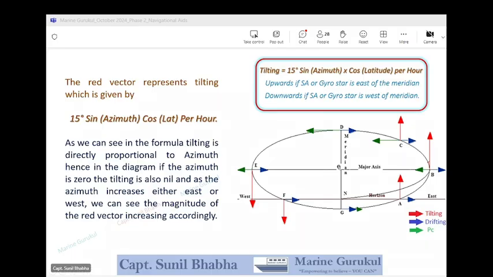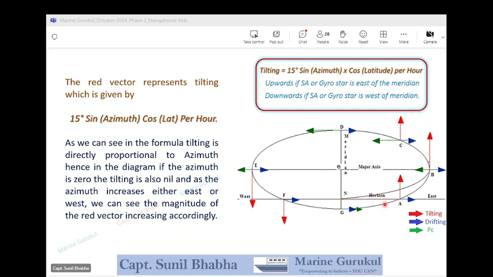Now, another important thing with the tilting: we are aware that the tilting is upwards east of the meridian. If you refer to the tilting formula, you will see the direction. Tilting is upwards east of the meridian because east of the meridian, all celestial bodies rise up in altitude, and tilting is downwards west of the meridian. In the diagram, we have the meridian as this vertical black line.